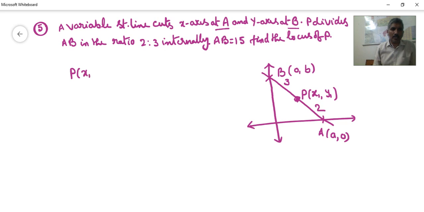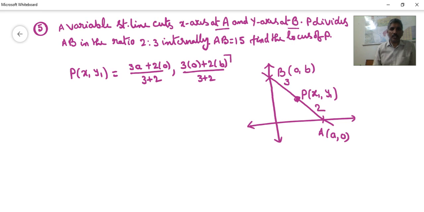Now what about the coordinates of the point P (x1, y1)? The coordinates of the point P (x1, y1) are 3a plus 2 into 0 divided by 3 plus 2, and next 3 into 0 plus 2 into b divided by 3 plus 2, that is actually the point P. So from this I can write 3a by 5 is equal to x1.